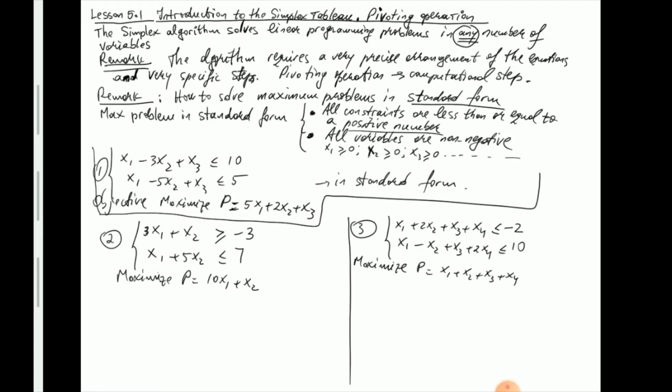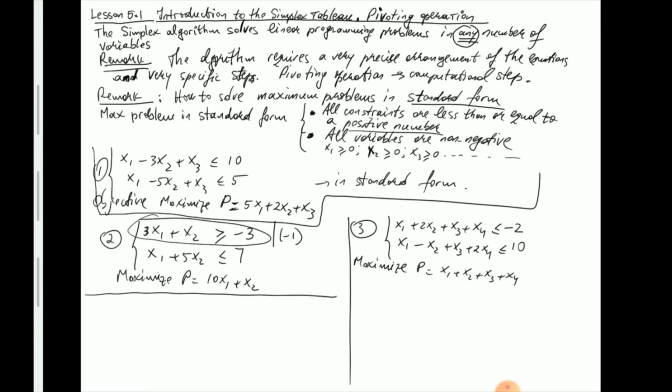Now, if I look at the second example, obviously it doesn't satisfy the condition of less than or equal to a positive number. But I can change it to look like the standard form by simply multiplying the entire inequality by -1. Remember, if you multiply an inequality by a negative number, then you reverse the inequality sign.